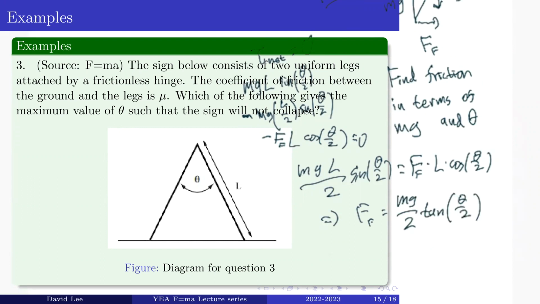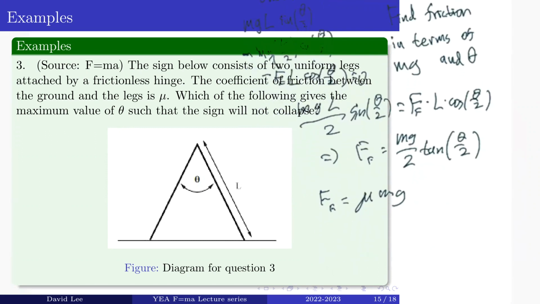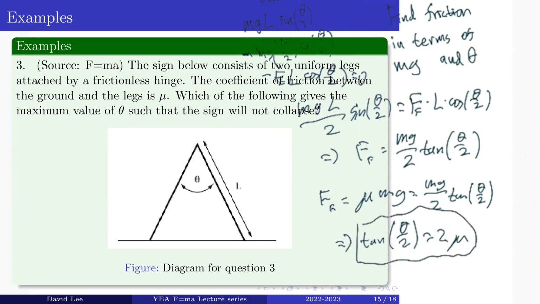Okay, but remember that friction is mu mg. So this is equal to mg over 2 tan theta over 2. So what this means is that theta has to be such that tan theta over 2 equals 2 mu. And so I believe that's our answer.